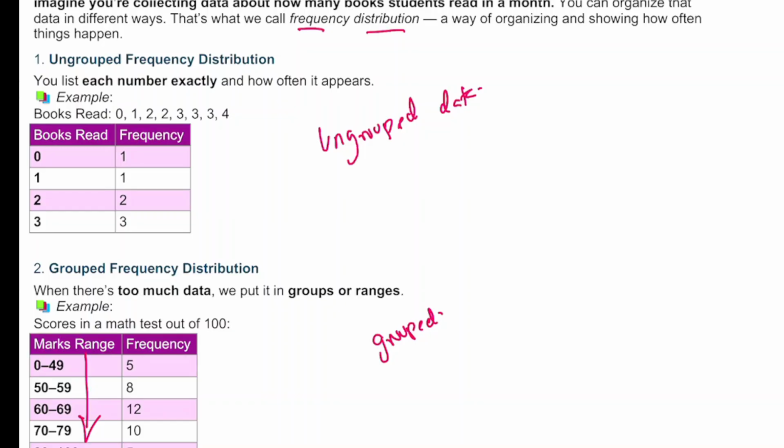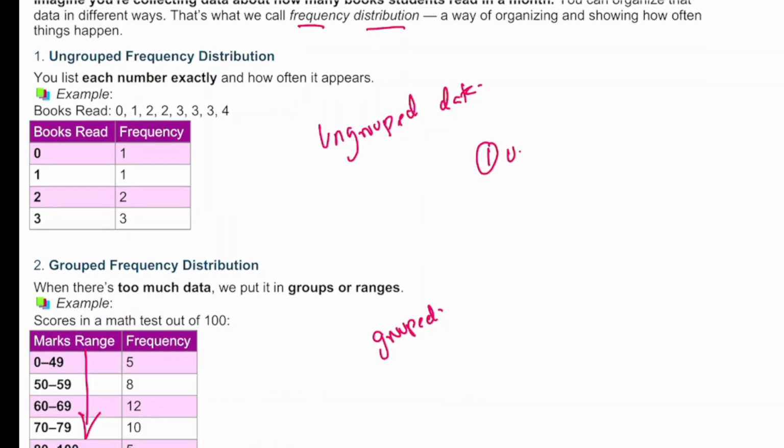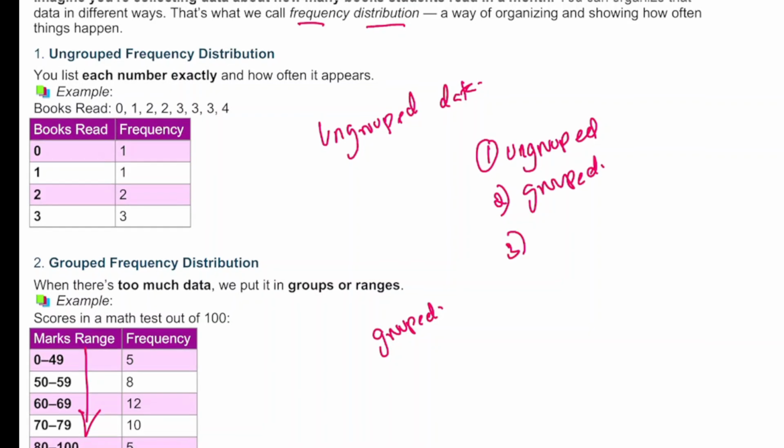When there is too much data, we put it in groups or ranges. When the data is small, you go as it is. When the data is huge, you group them. So we have said one, ungrouped, two, grouped.